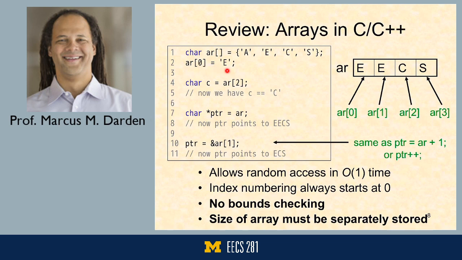And if we remember from our earlier example, what we're really doing is something that looks like dereference R plus 0 and set that equal to E, right? And that would be changing this value right there. So we can read from it similarly using square brackets.